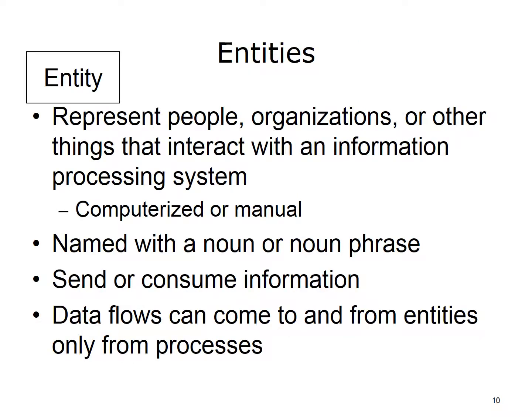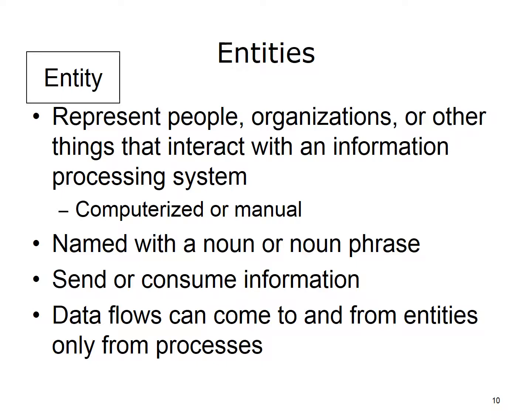Entities represent people, organizations, or other things that interact with the system, i.e., entities are outside of the system. They may, of course, be part of a larger workflow process, but they are external to the information system processing the data. Entities send or consume information, and are also called sources or sinks of information. Data flows can come to and from entities only from processes.